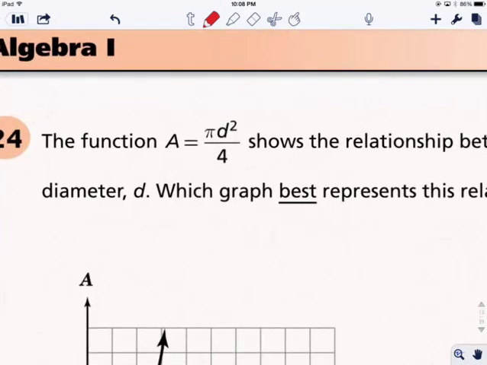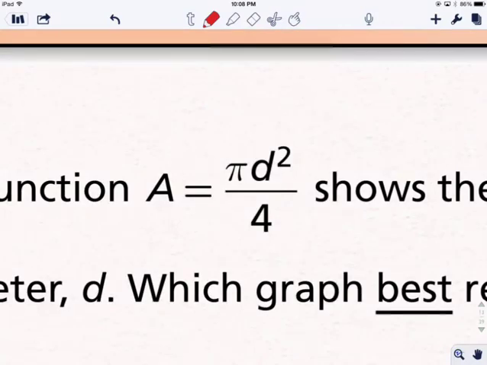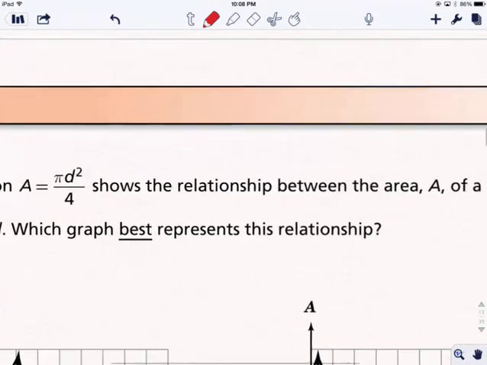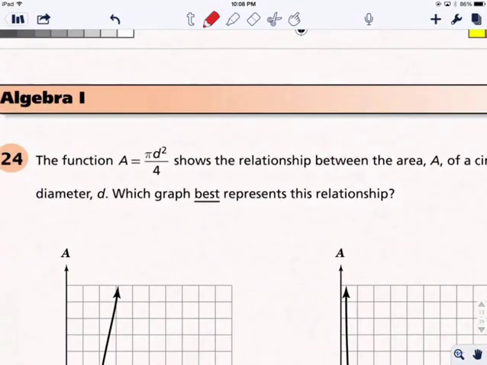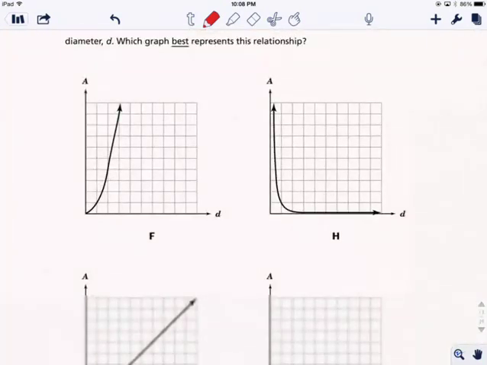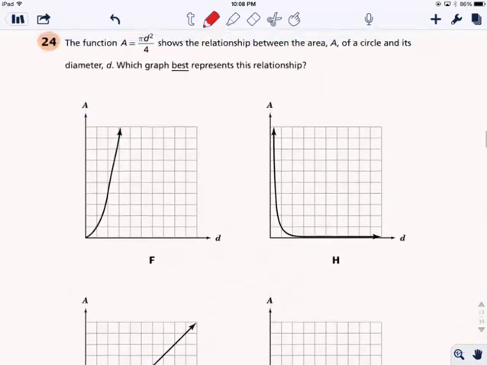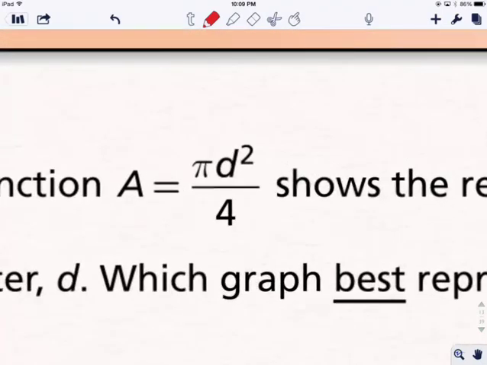Number 24, bring it on. The function a equals pi times d squared divided by 4 shows the relationship between the area of a circle and its diameter, d. Now we want to find which of these 4 graphs best represents the relationship. Now the key here is to notice that the diameter is squared.